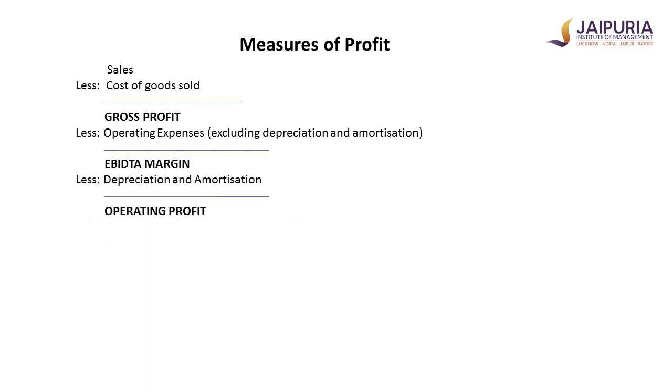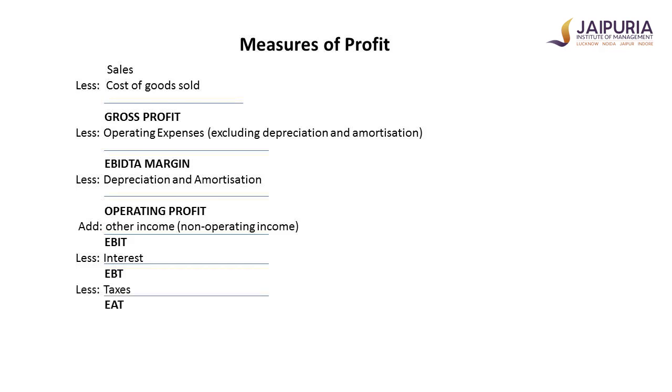Then comes the operating profit. Then profit before interest and tax, that is PBIT. Now then the next level of profit is profit before tax, that is PBT, or you can say EBT, earning before tax. Then the last level of profit, the most important profitability measure is profit after tax, that is EAT, earning after taxes. Let's discuss one by one.